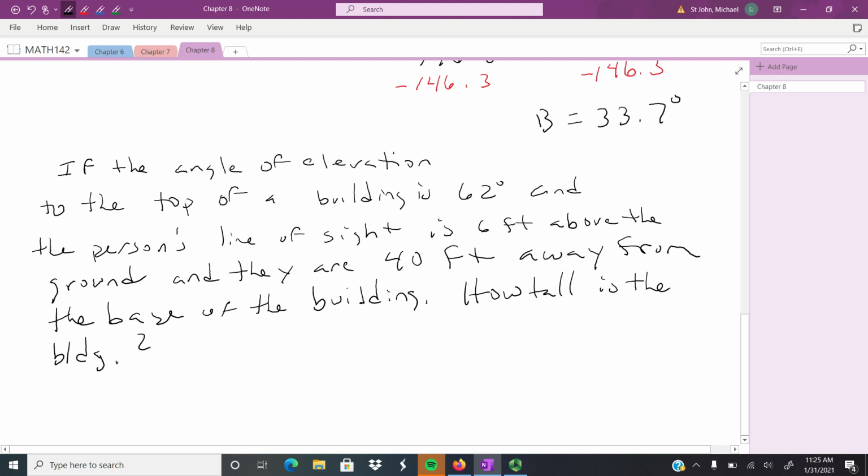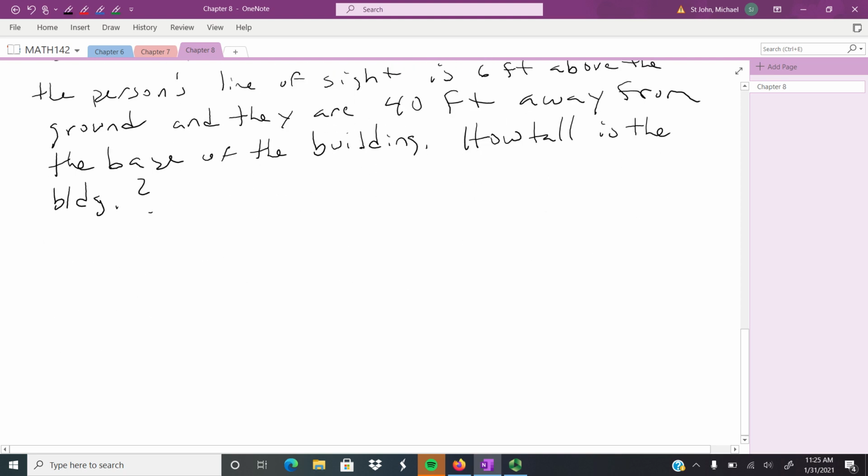All right. So let's draw a picture. So we have our building, right? We have our person, and so this person is here, and we know from here to here is 40 feet, and they're looking up to the top of the building.